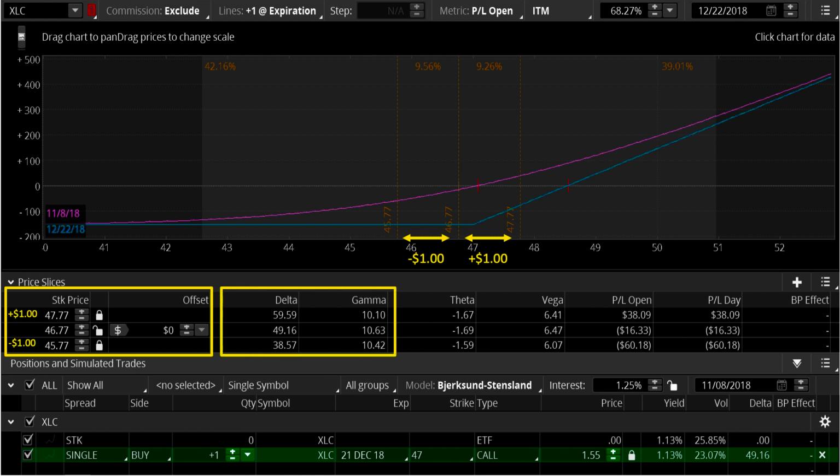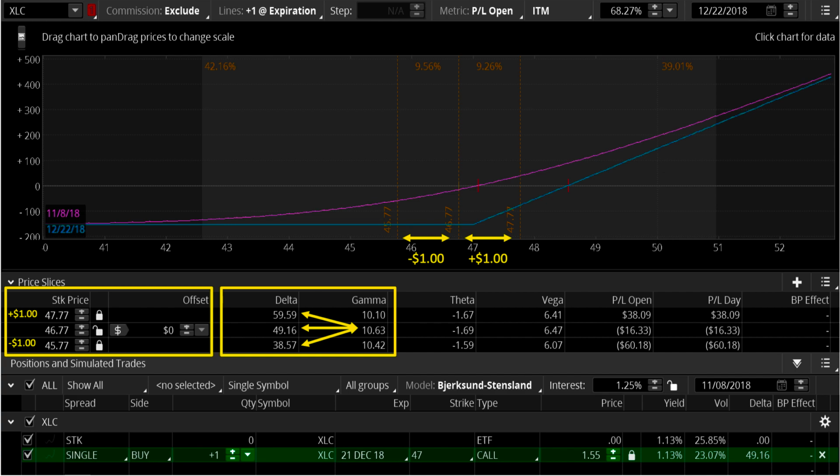At the middle price, the delta is 49 and the gamma is 10. If it moved up $1, the delta goes from 49 to 59. And if it goes down $1, it goes down 0.10 from 49 toward 38 or so. So that is how the gamma accelerates the delta, and decelerates it if the price goes down.